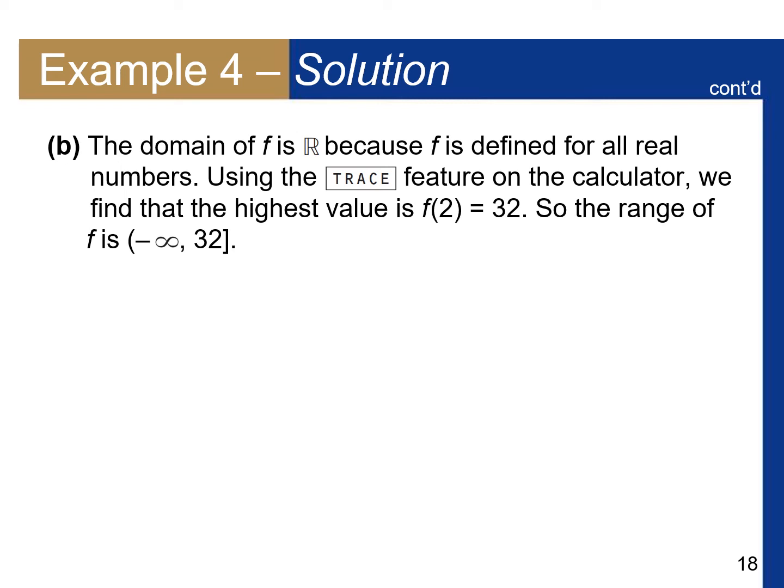If you are using a calculator for this, you would use the trace feature, go up to that high spot, and see that the highest value is 32. So we did pretty good when we estimated by looking at it, saying it was around 30. It is 32. And again, you can use your trace function on your calculator, and that'll help you get that value.